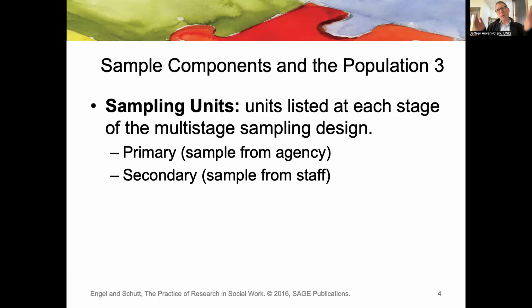But then you want to go a little bit deeper. And so maybe you have a secondary unit. And so you start talking to a couple of individuals, a sample of individuals within each organization that then provide information about the agency, which is ultimately what you want to know about. So, you can kind of have it at different levels there.